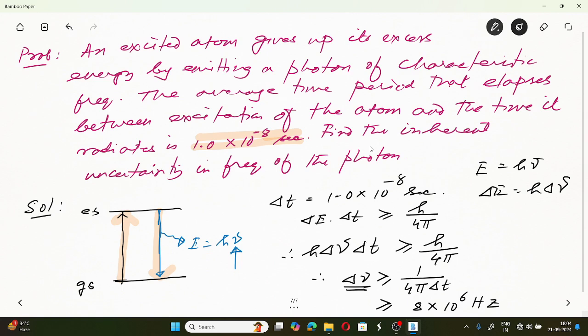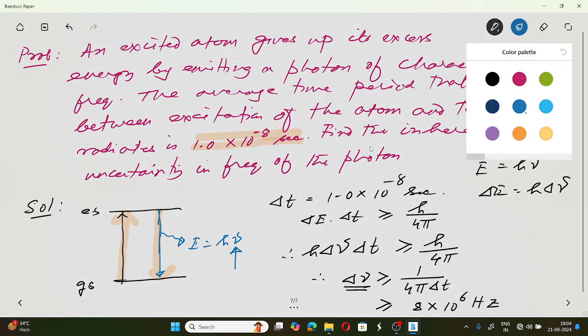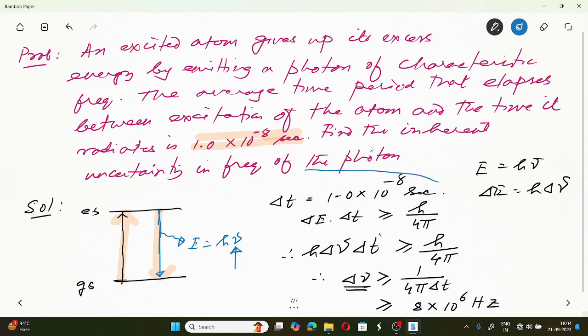Since the uncertainty in the determination of time for the process is very small, the corresponding uncertainty in the determination of frequency will be high. Uncertainty in the determination of energy and frequency, both will be high because delta T is very small.